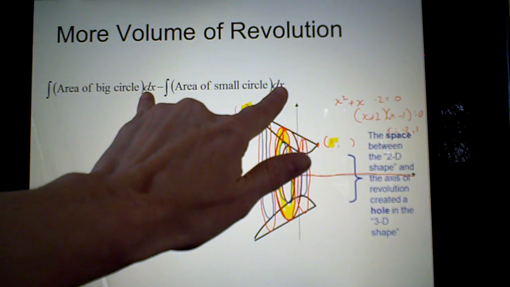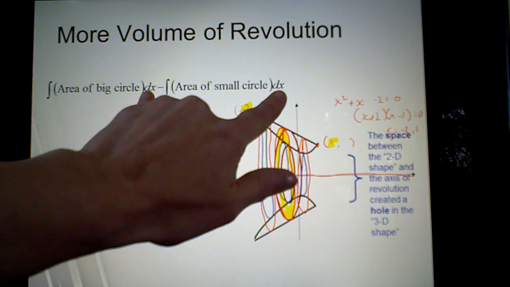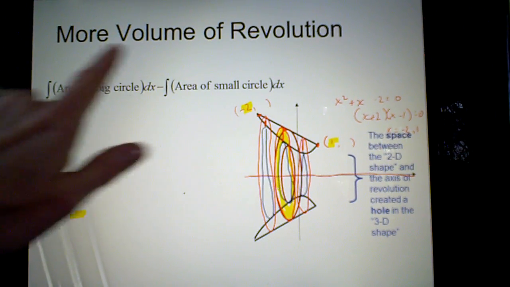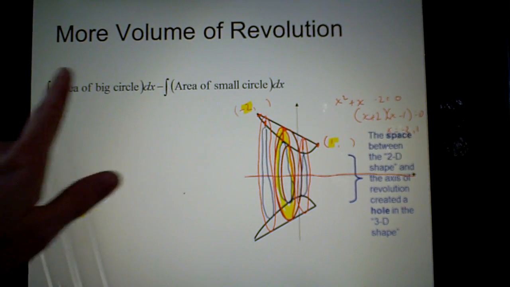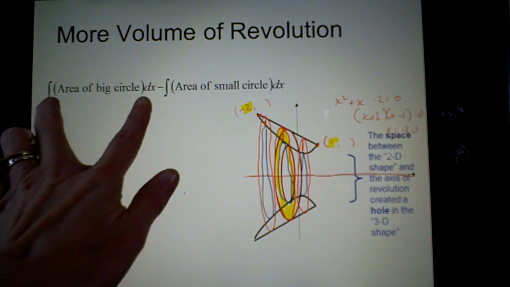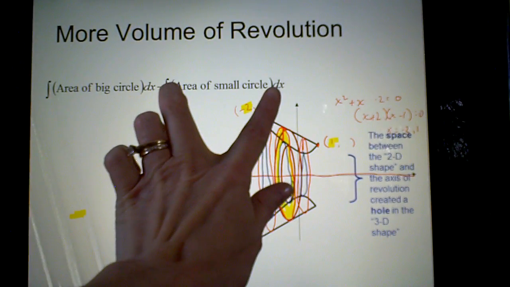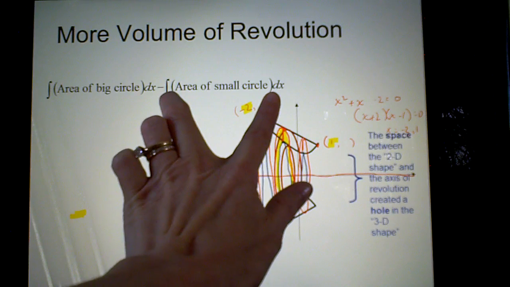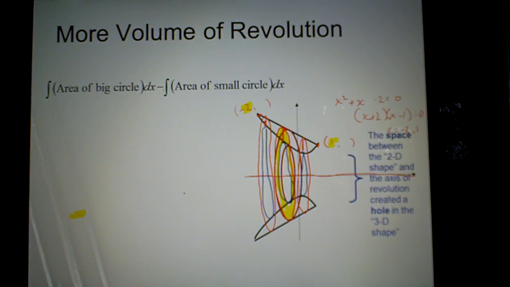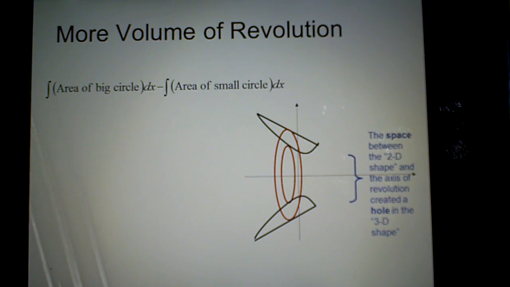Turn each one of those into volumes by multiplying by dx, and sum them up, and I have the volume of the big circle minus the volume of the small circle, and that's how I get my lifesavers. Now let me take away my drawings here. So there's a prettier lifesaver.